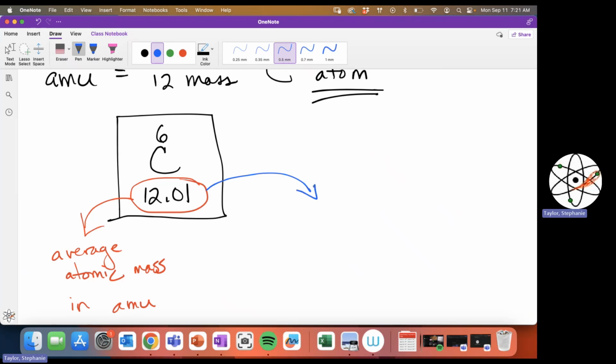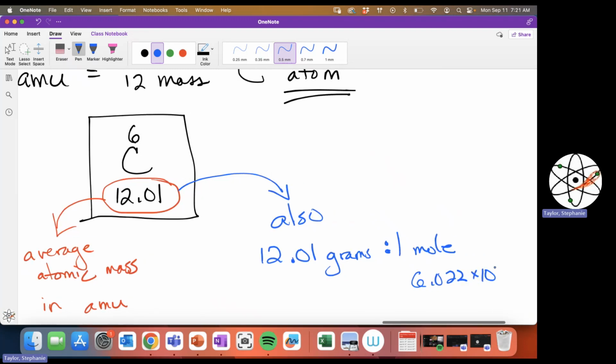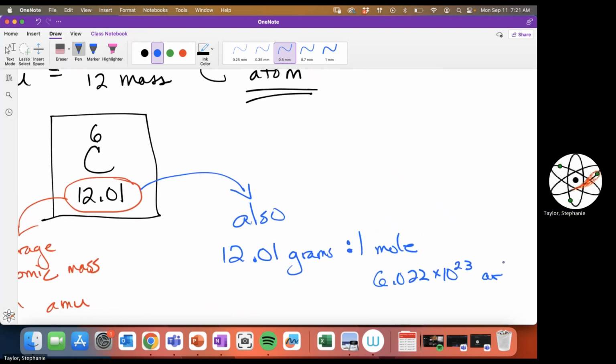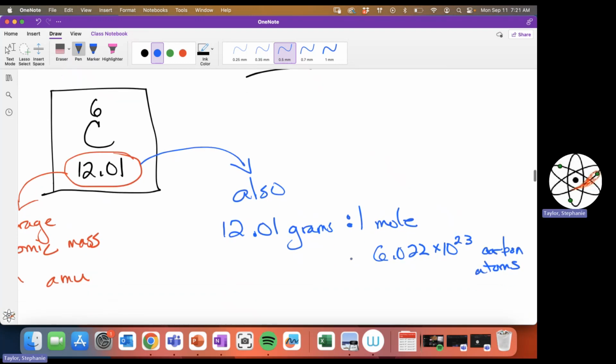This number, however, we're also going to use it as 12.01 grams in 1 mole. So if you had not just one random carbon atom, like we have over here on the left, but you actually had 6.022, there are more digits to this, by the way, but we only use a couple, times 10 to the 23 carbon atoms, you should have 12.01 grams.